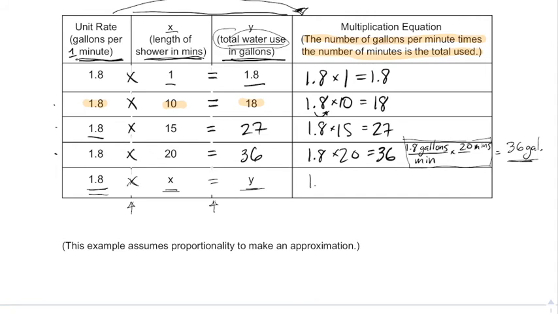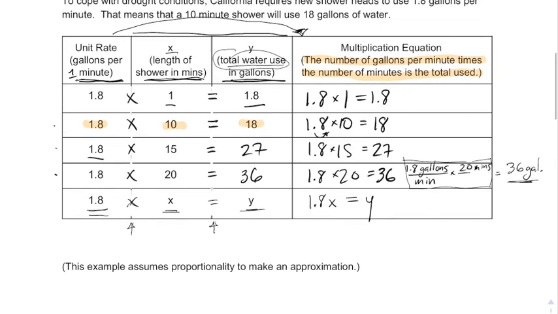So we'll carry that over here. 1 8/10 times x is equal to y. Notice I don't use this multiplication symbol here because otherwise it would look like xx, which could be perceived by somebody as x squared or x times x.